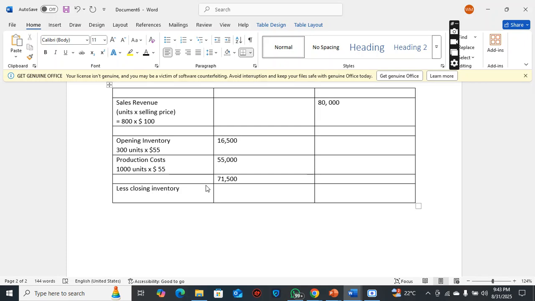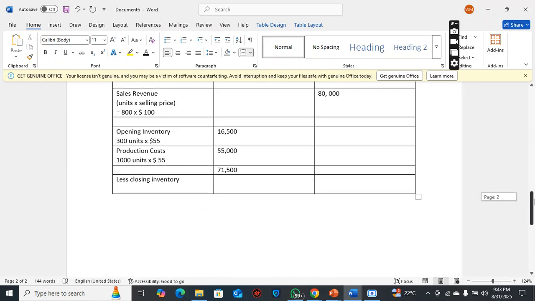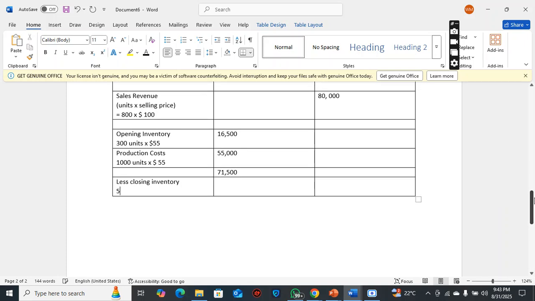Our closing inventory, we said it's how many units again? 500 units times 55.